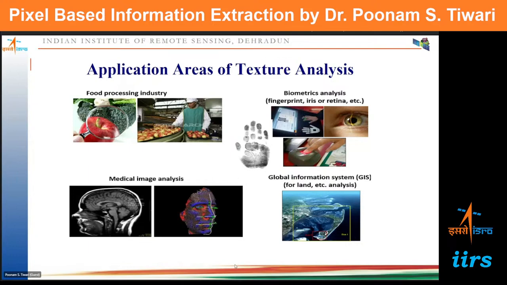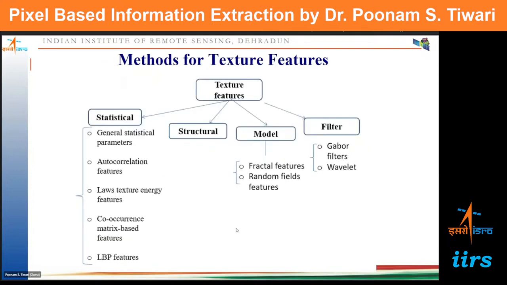Then it is used in any sort of image analysis. It can be remote sensing image analysis for natural resource management, medical image analysis, or any type of image analysis. It is also used in GIS systems also. So the applications of textures are manifold.